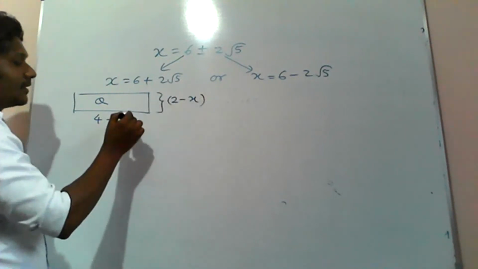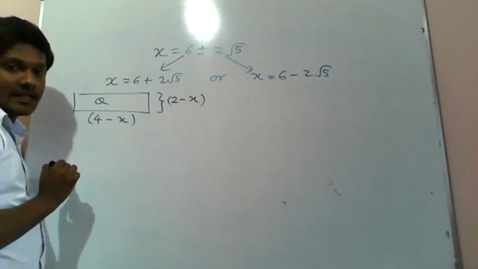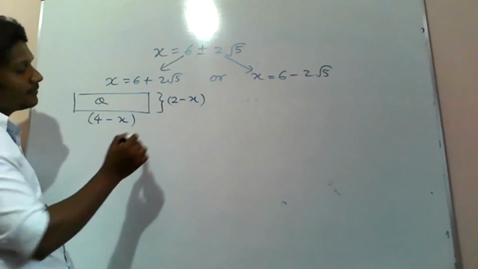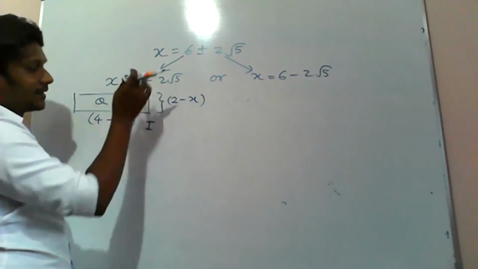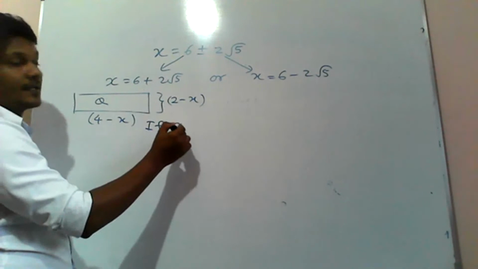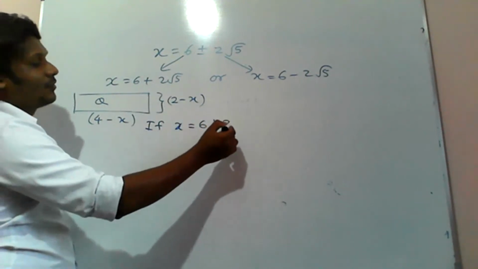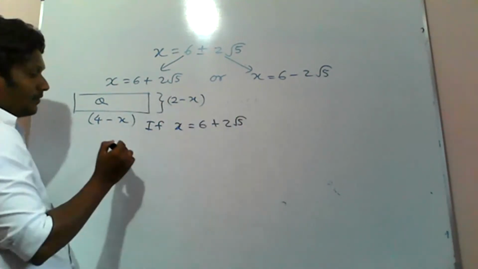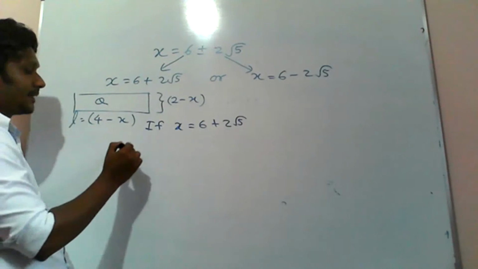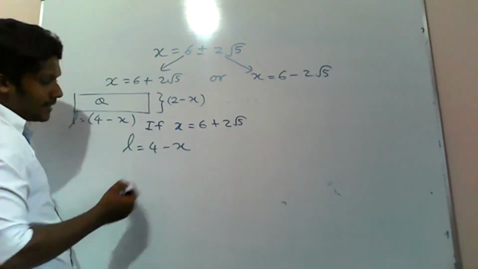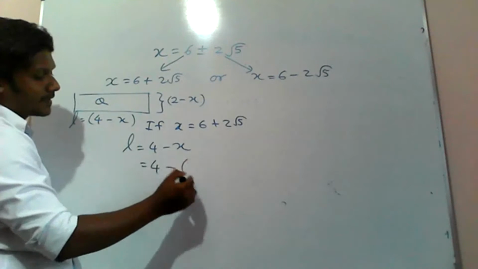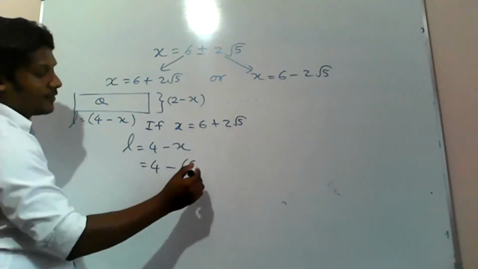These are the values for the length and breadth. First, we consider the positive value. If x equals 6 plus 2 root 5, what is the length? Length equals 4 minus x. Then 4 minus x equals 4 minus (6 plus 2 root 5).